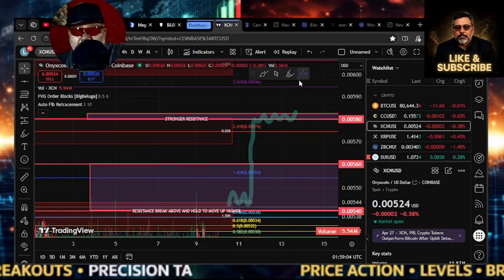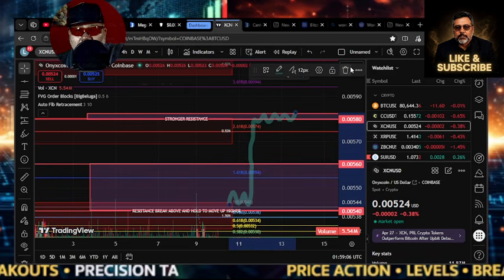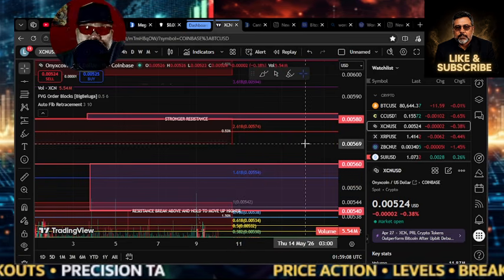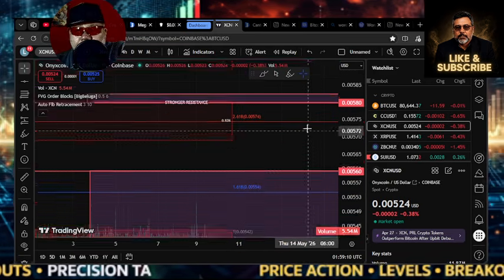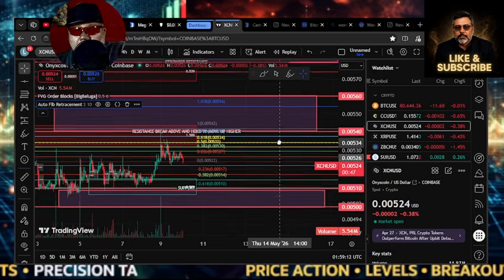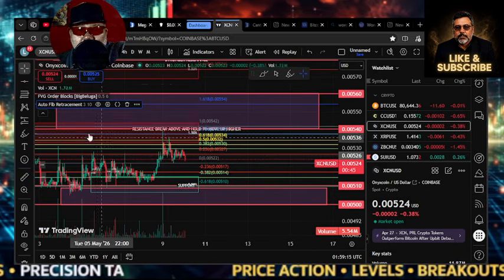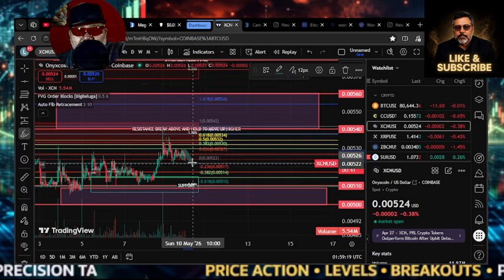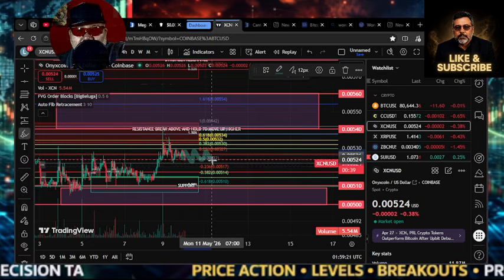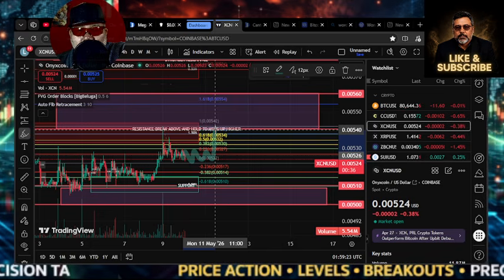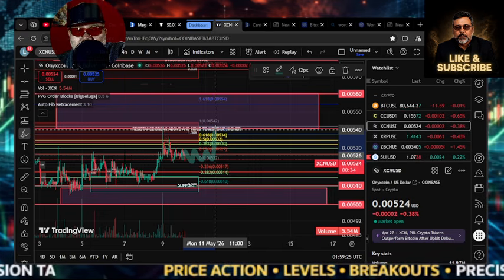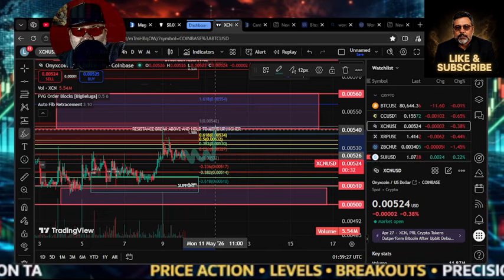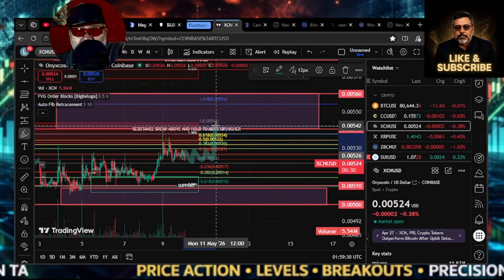Let's see. Get rid of that. So right now, I'm saying that we're probably going to still consolidate around this area right here. We will go up and attempt to push above this resistance area right here at 540.